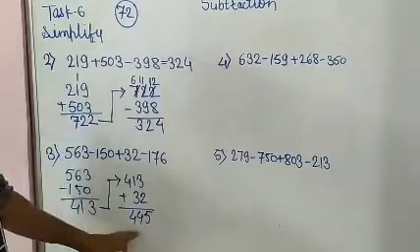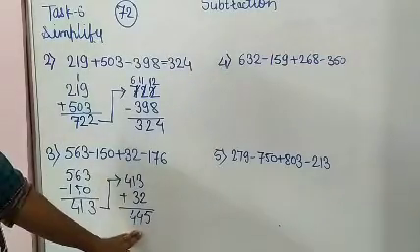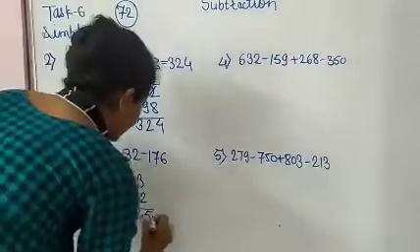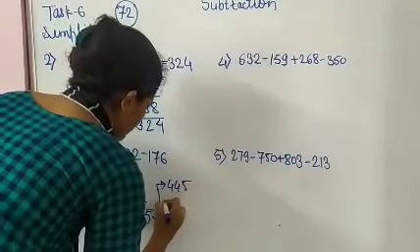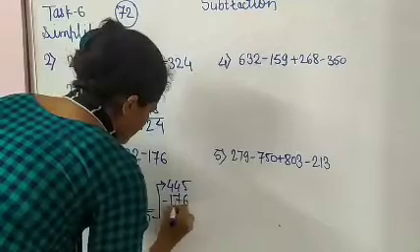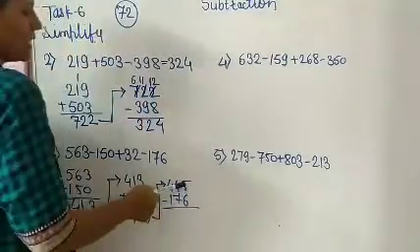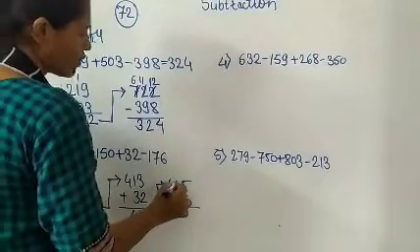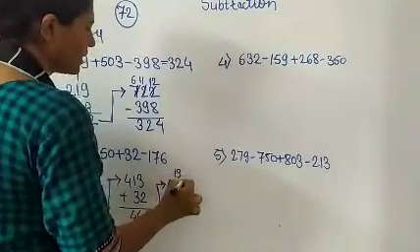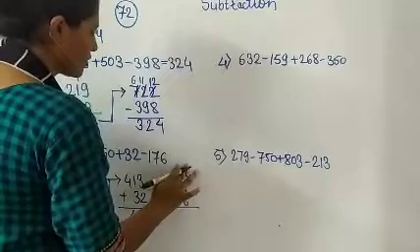Now whatever answer is there, from that answer we have to subtract this one. Now 5 minus 6, no. So we take borrow from 4.